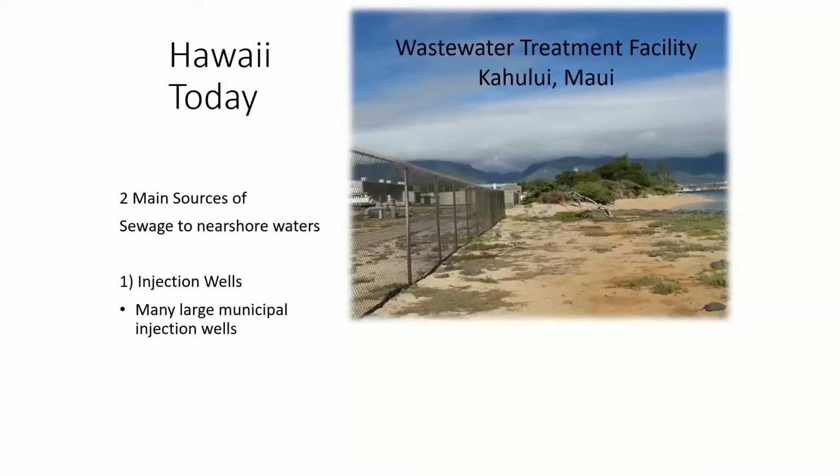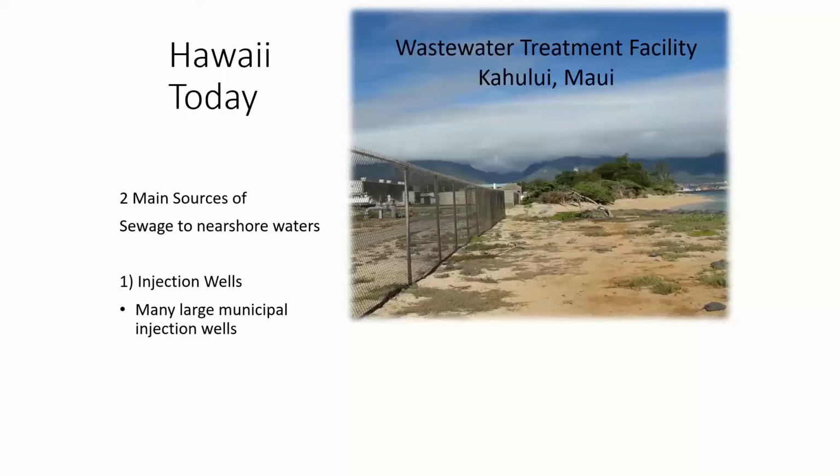So in Hawaii today, we have two main sources of sewage to the nearshore waters. One that we haven't talked about yet today is injection wells, which are deep holes in the ground where we inject gravity-fed treated sewage. It could be preliminary treated, primary processed, or secondary treated sewage.